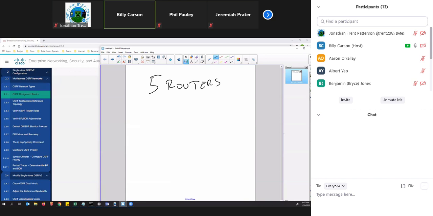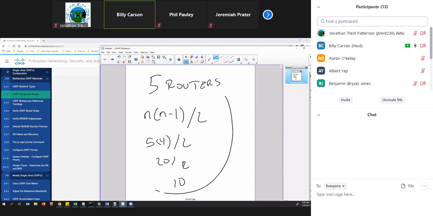Remember the formula: n times n minus 1, divided by 2. So we've got 5 times 4 divided by 2, which is 20 divided by 2, which is 10. So for 5 routers, all that communication is going out there. That puts a lot of unnecessary traffic out there.